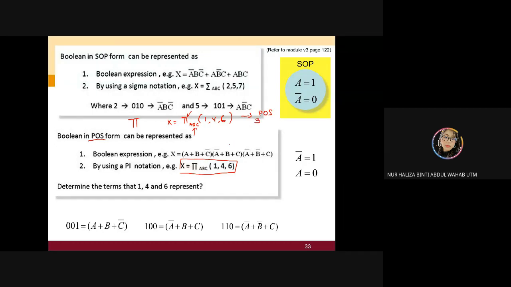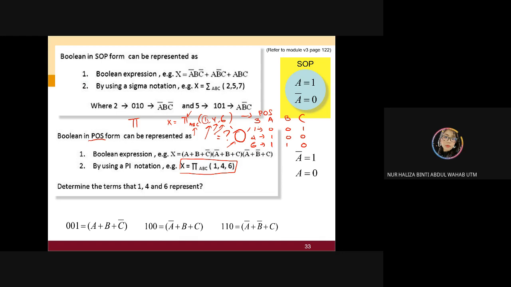You're going to have 3 variables, A, B, and C. And what condition will you get the output of 0, because this one is POS. So you get output of 0 when you have the condition of 1, which is 0, 0, 1. 2, 1, 0, 0. 3, 6, which is 1, 1, 0.